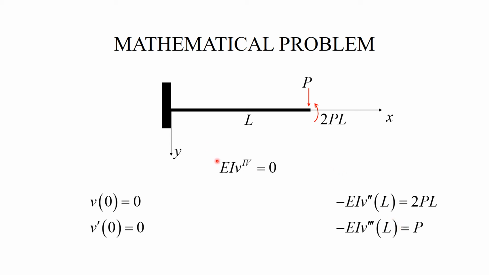I will integrate this equation. The integration will produce 4 constants, and those 4 constants will be determined by imposing boundary conditions on the function v and its derivatives. Let's see how it's done.